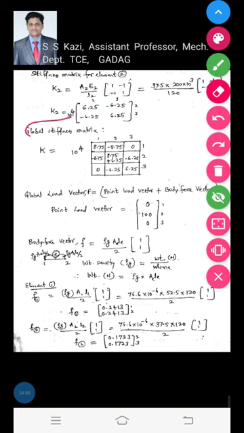Now let us generate the global stiffness matrix by assembling the two element matrices K1 and K2. Since there are three nodes and three unknowns, u1, u2, u3, the order of the global stiffness matrix should be 3 cross 3, that is 3 rows and 3 columns.